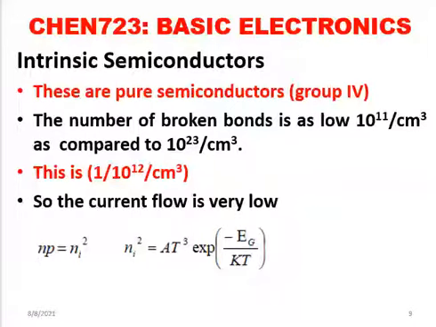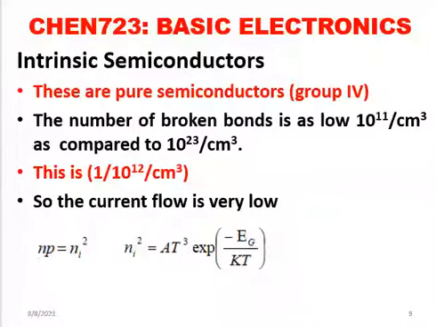In this case, the number of bonds that break normally when the temperature rises is around 10^11 per cubic centimeter. What are we saying here? We are saying we have around 100 billion bonds broken whenever temperature rises, per cubic centimeter.